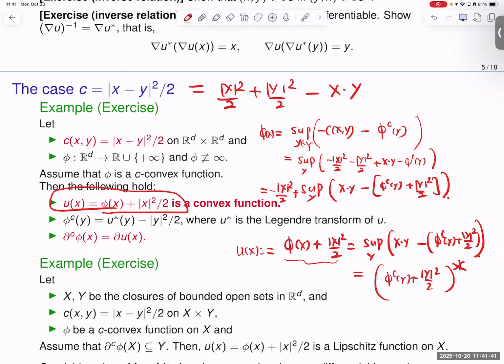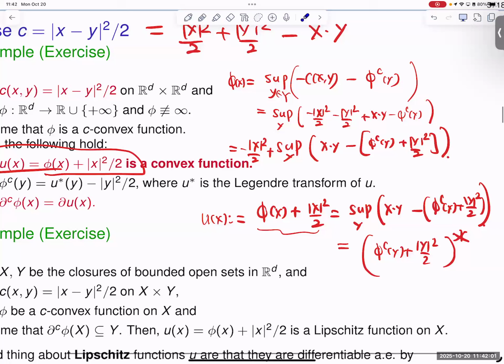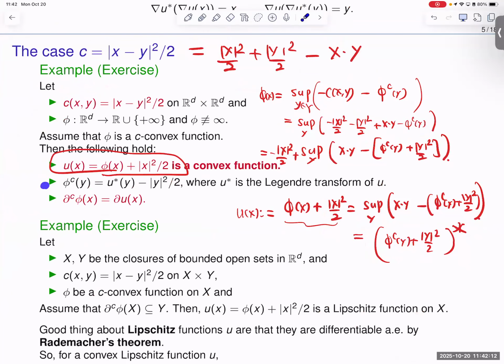So it's a Legendre transform, so it's a convex function. Obvious, right? And second, if you consider this function again, let me leave it as an exercise.